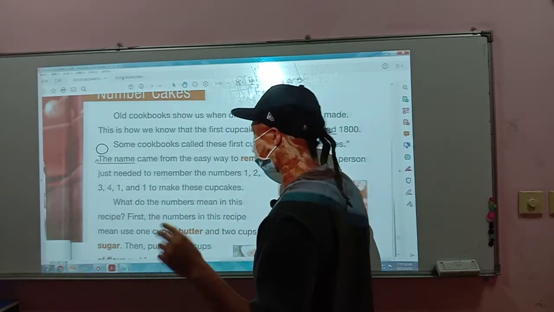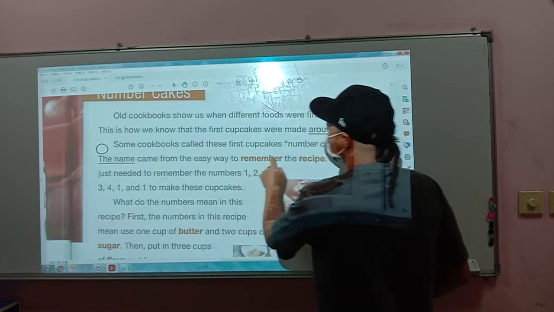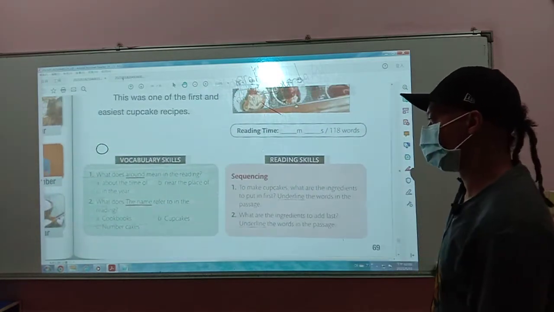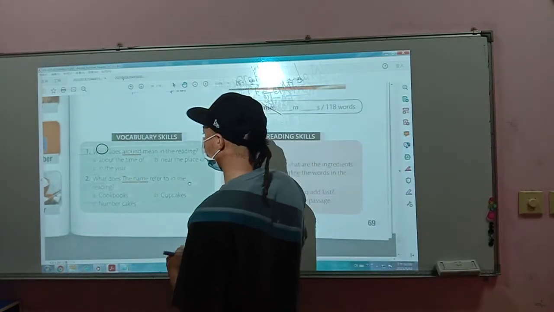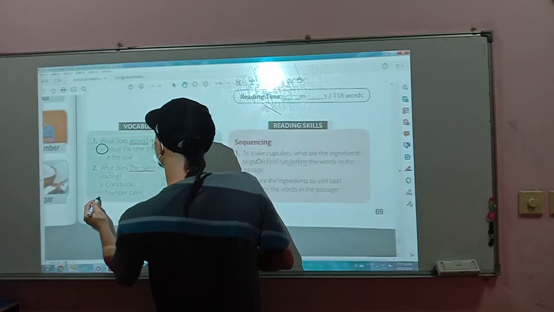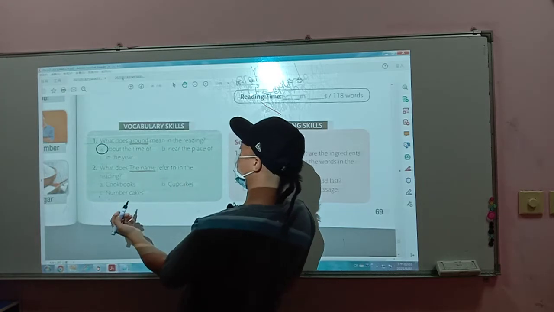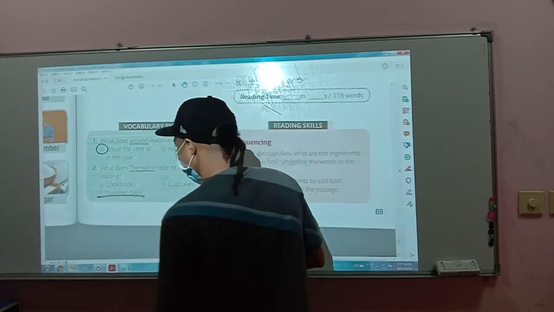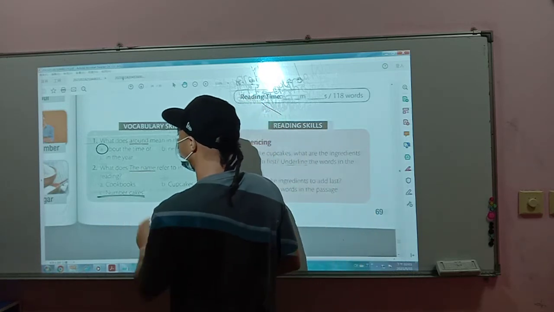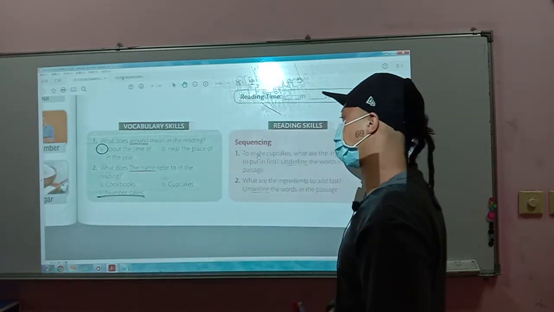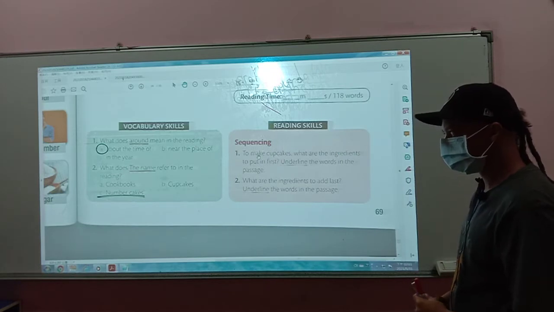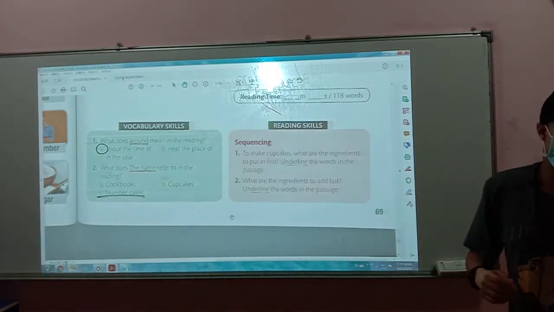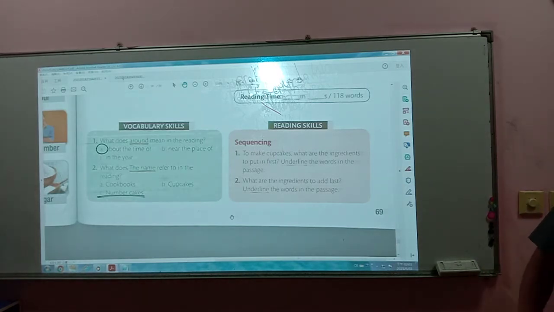The name number cakes came from the easy way to remember the recipe. Can we go down, please? So what does the name refer to in the reading? It refers to number cakes, okay? Let's go to the reading skills on the next page.